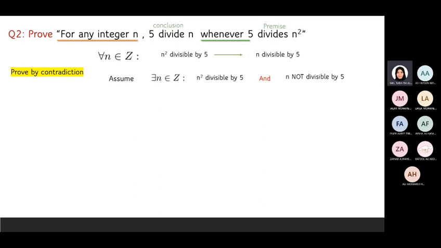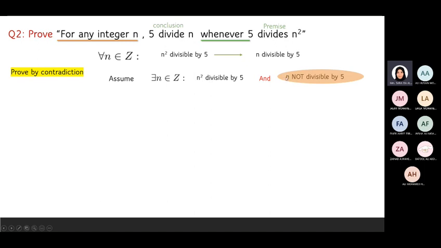I am assuming the negation of the statement. Both of these are true in my assumption, so I can start from either one. I will start from this side because I can calculate n square from n.